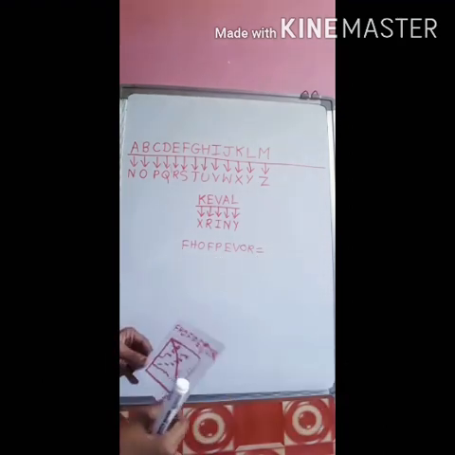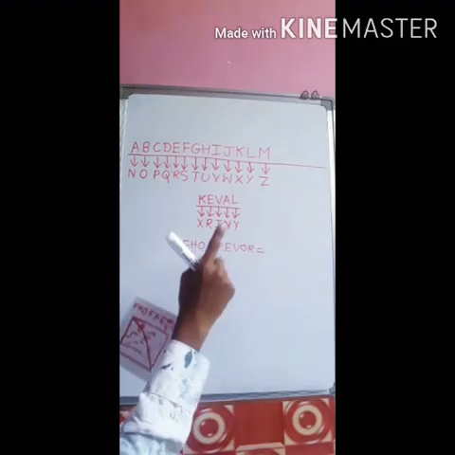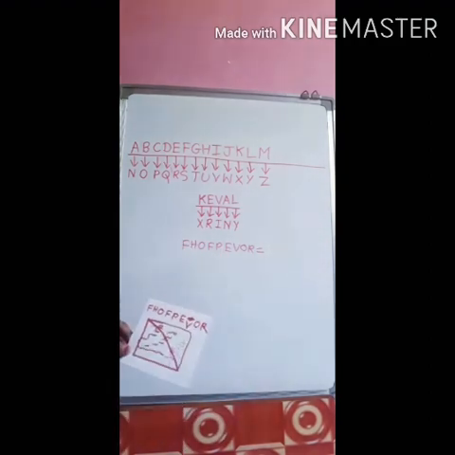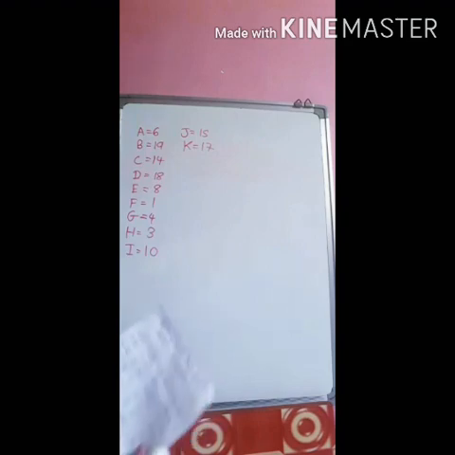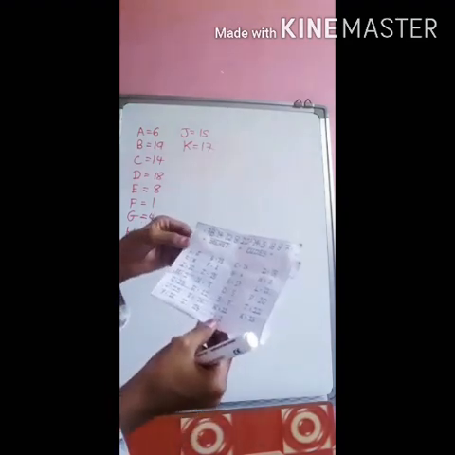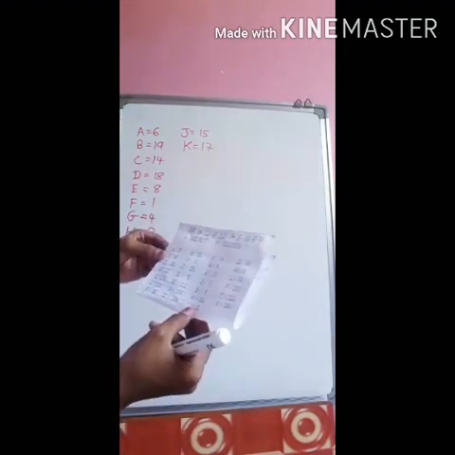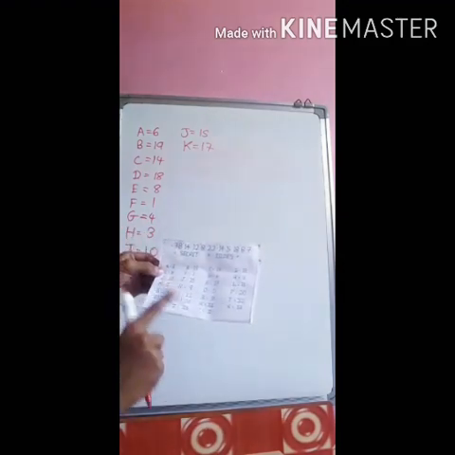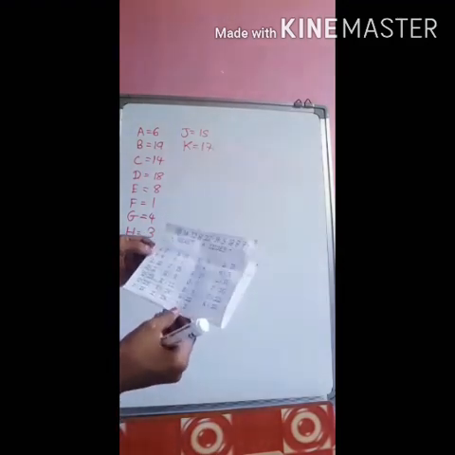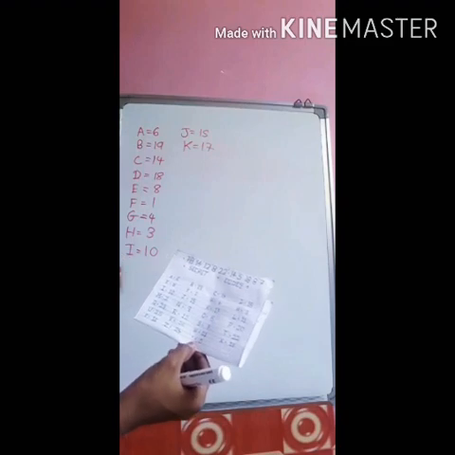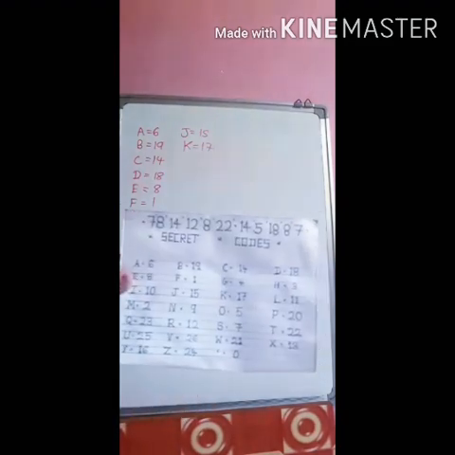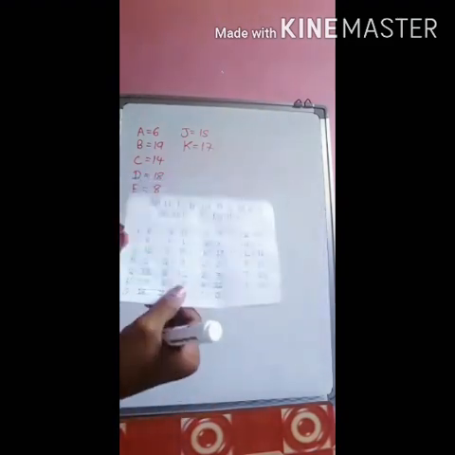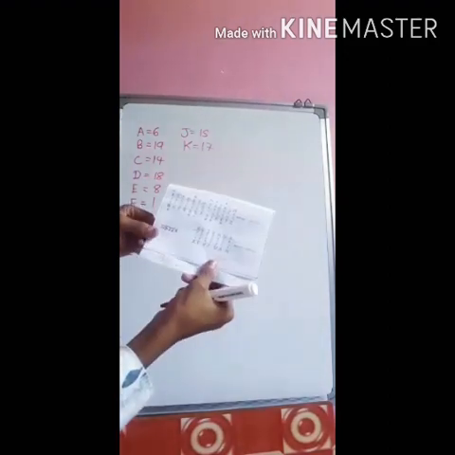Now friends, I will explain another language to you. This is the next language, which is known as secret codes. The formula of this language is a letter is equal to a number. Now you can see this is the table. This language is more complicated than the one before.